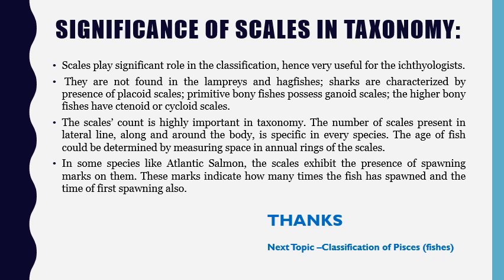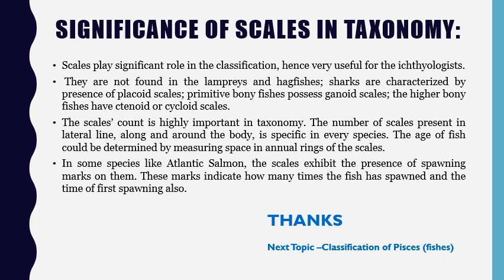The number of scales present in the lateral line, along the side of the body, and around the body is species specific. The age of the fish can be determined by measuring the spaces in the annual rings of the scales. And last, in some species like the Atlantic salmon, the scales exhibit the presence of spawning marks.